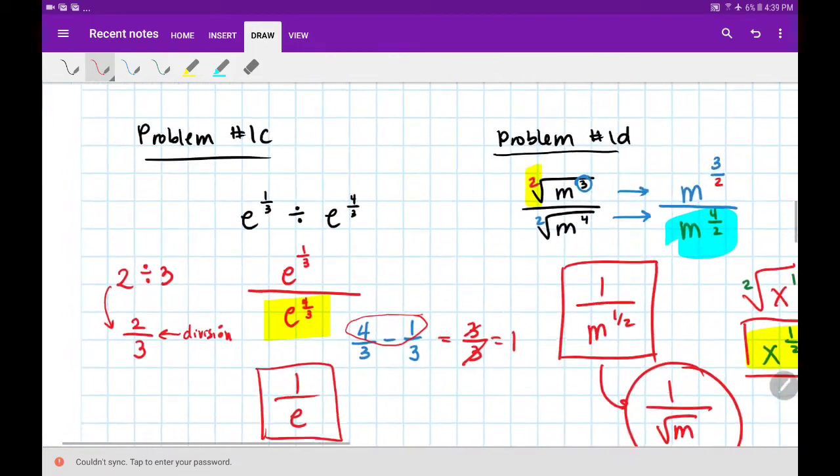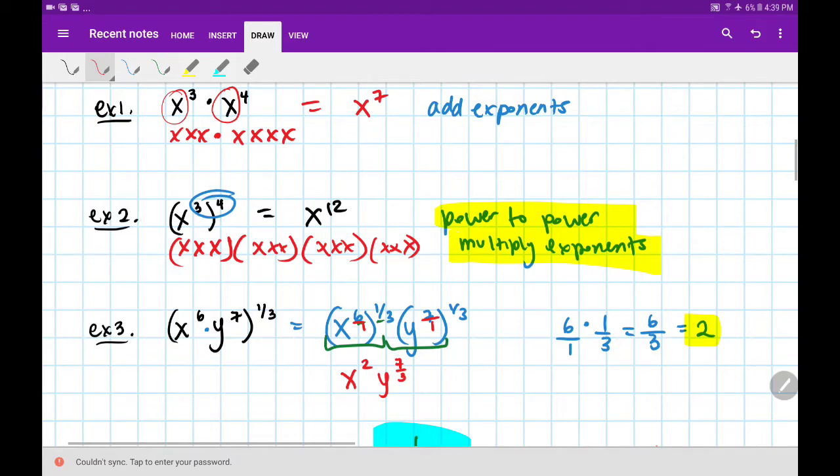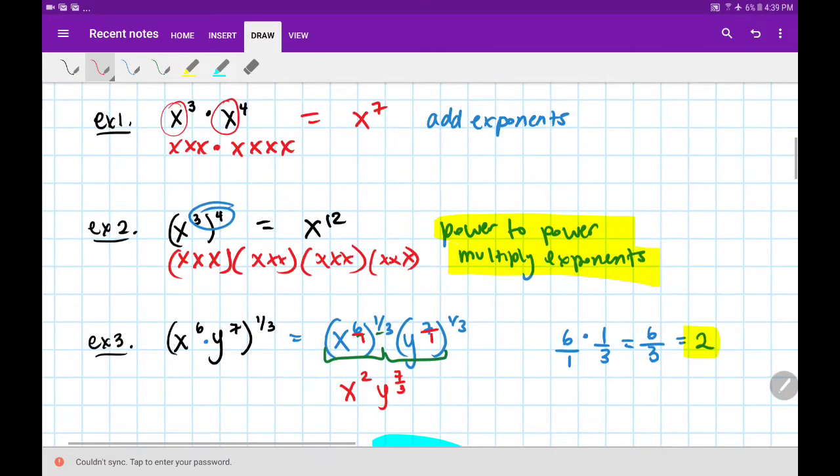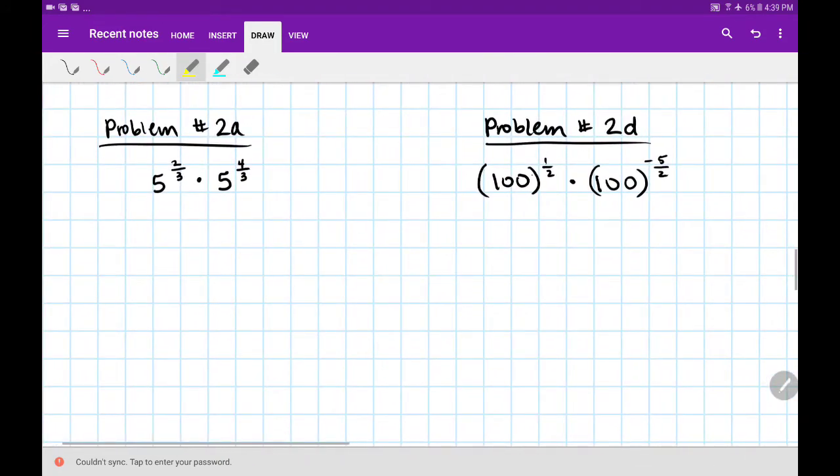Which example did this look most like? Example 1, 2, or 3? Well, this looks the most like example 1 because I have my variable twice and I'm multiplying it. So I should probably use the same rule here and add these exponents.